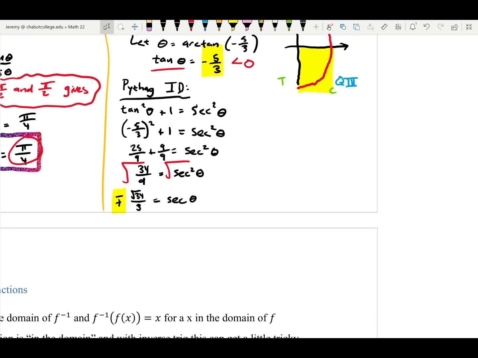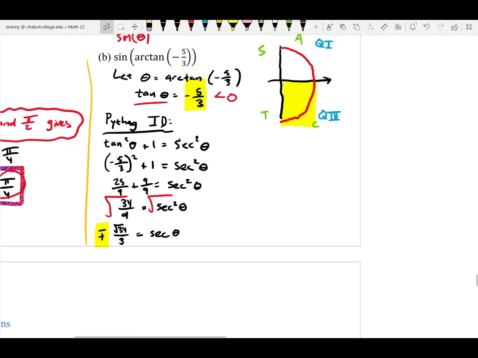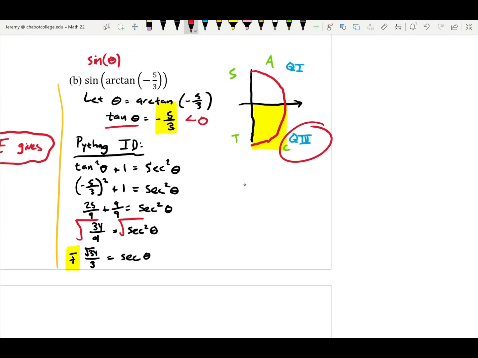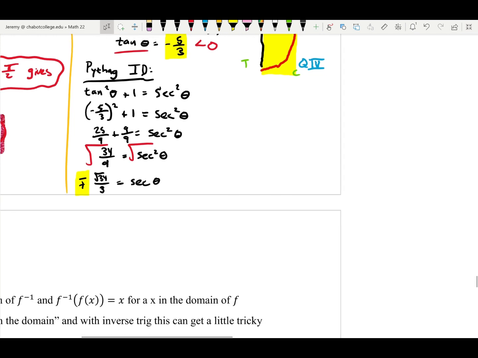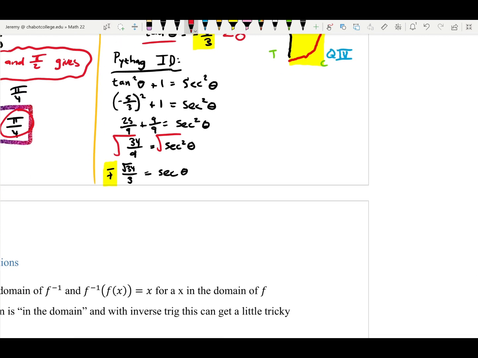If cosine is negative, secant is going to be negative. Now, we already determined that this angle theta is going to be in quadrant 4. Sorry, I wrote that and it looks kind of like quadrant 3. This is quadrant 4, like that. Theta is in quadrant 4. All students take calculus tells us that cosine is positive in quadrant 4. Therefore, secant is going to be positive.